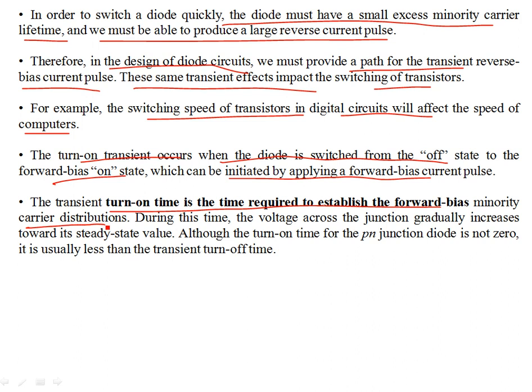Before, we had majority carriers diffusing into the other region, where they become minority carriers, and if you forward bias, the same happens. So the turn on time is the time required to establish the forward bias minority carrier distributions. During this time, the voltage across the junction gradually increases towards its steady state value. Although the turn on time for the PN junction diode is not zero, it's usually less than the transient turn off time.